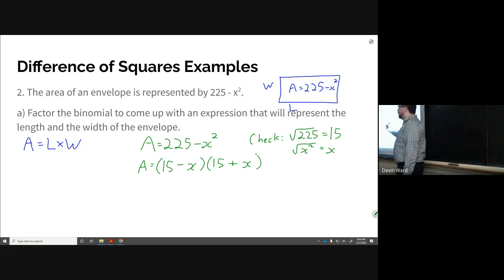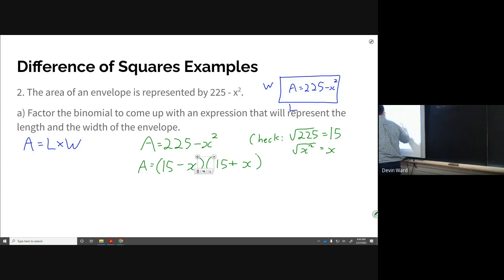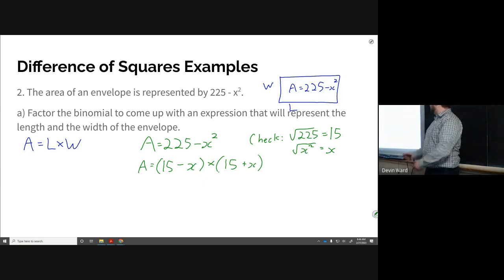Okay, so remember, when we have two brackets side by side, what we're actually doing is multiplying, right? So we have area equals 15 minus x times 15 plus x, and our area is length times width. So I could say that my length is going to be 15 minus x.